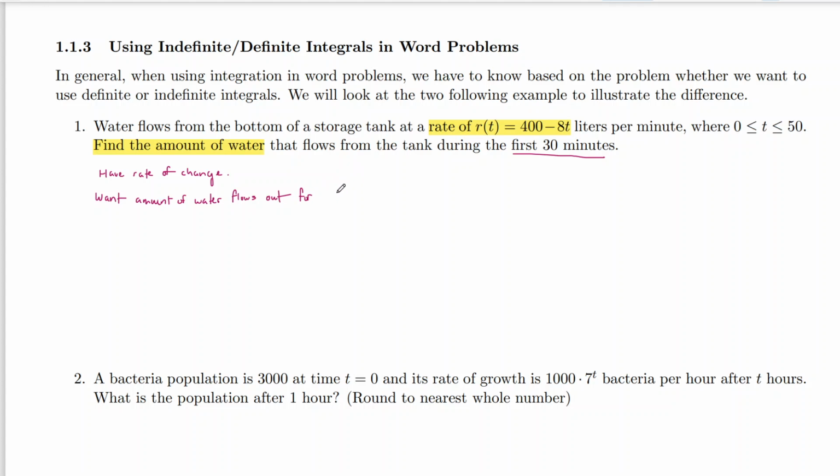The way we can word this in inequality notation is 0 is less than or equal to t is less than or equal to 30.